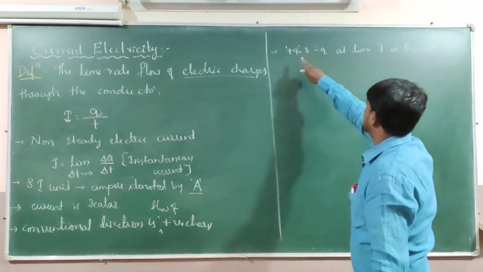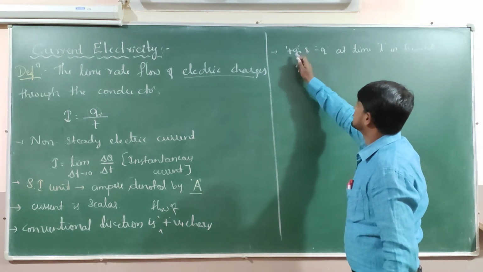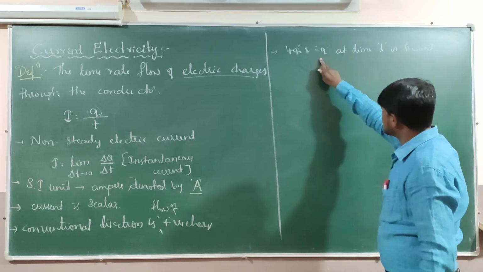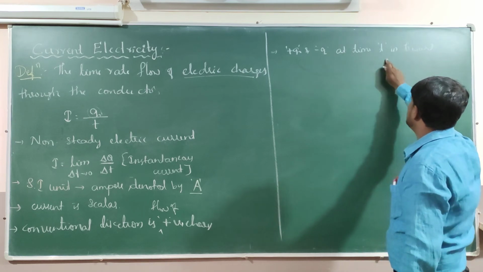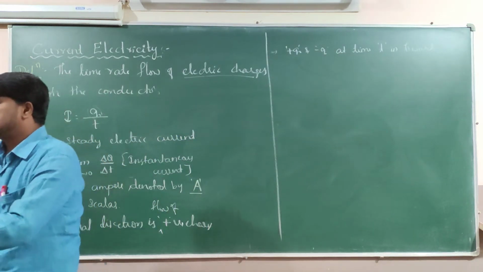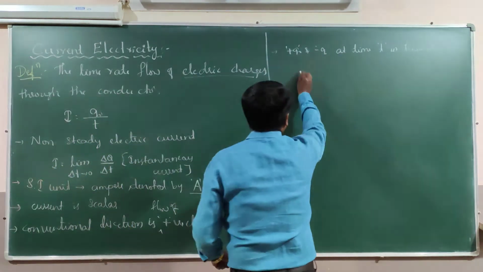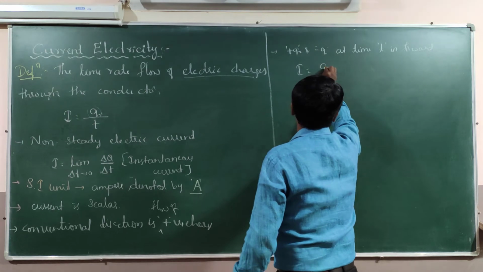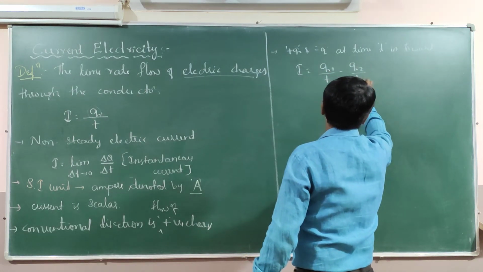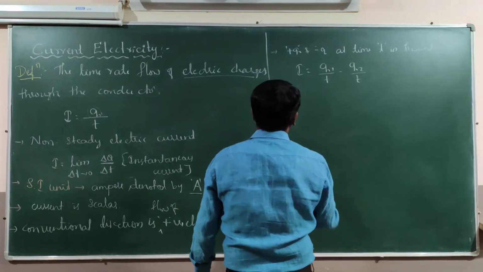So now, if plus q charge is flowing in time t in the forward direction, and minus q is also flowing in time t in the forward direction, then the total current of the system is given by I is equal to q1 by t minus q2 by t. This is the current to calculate.